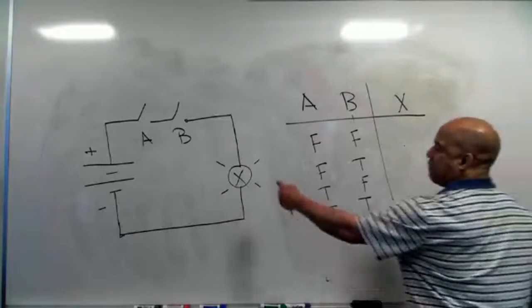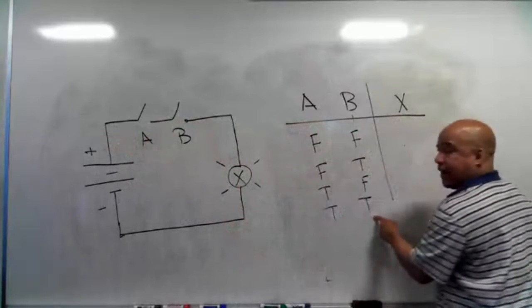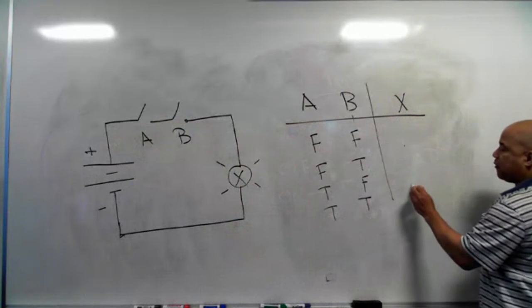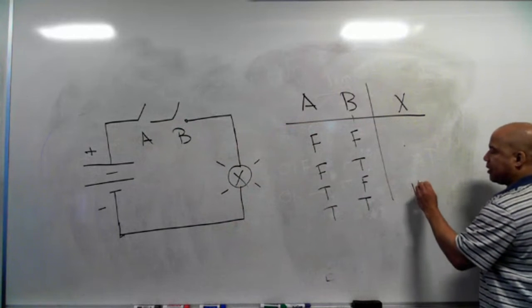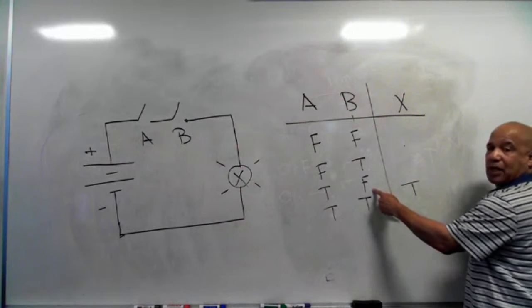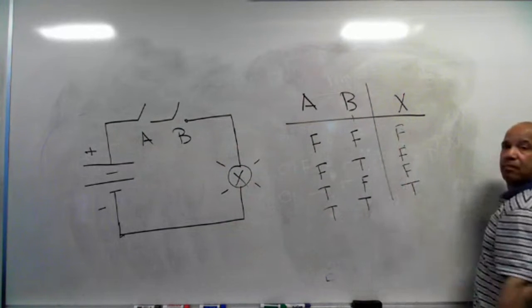Well, the only way I can have this light bulb on, since there's a single path through which current can flow, is right here, where both switch A and B are closed. If both switch A and B are closed, then the light bulb will light. If I open just one of those switches, I don't get any power to the light bulb.